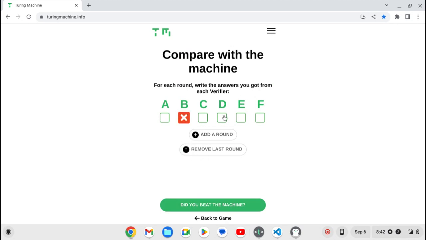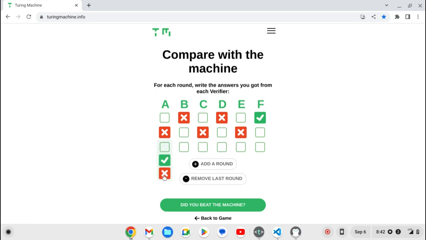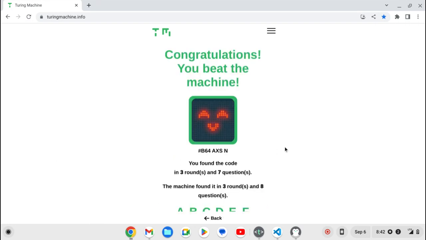So BDF. Let's go type it up. So BDF was correct. My second round proposal was all wrong. And then we even got this incorrect for the third round. So let's see, how do we do? Wow, okay, we still beat it by 1 question. Fantastic.